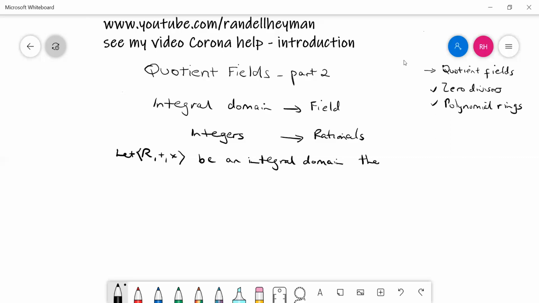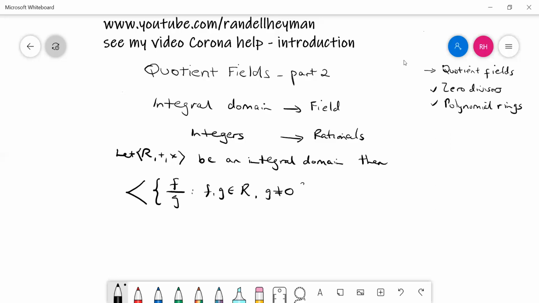Now I'm going to create another one. How do I create the rationals from the integers? I just use division, and we'll do a similar sort of thing here. This is the new thing, and this will be a field. I'll say F on G, and what are F and G? Well, F and G are elements of the integral domain. We'll require that G doesn't equal 0.